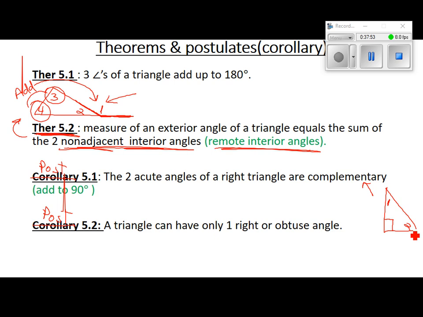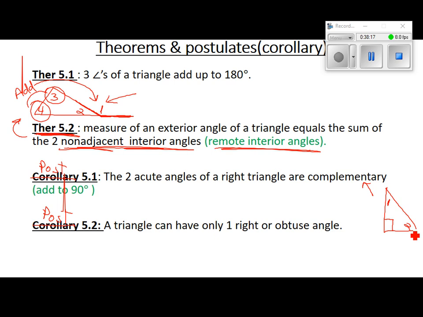So write angle 1 and angle 2 and the other two angles. Tell me something you know about angle 1 and angle 2 in that right triangle. They have to be acute. They can't be more than 90 degrees. They can't even be 90 degrees. So they got to be less than 90 degrees. They have to be acute.